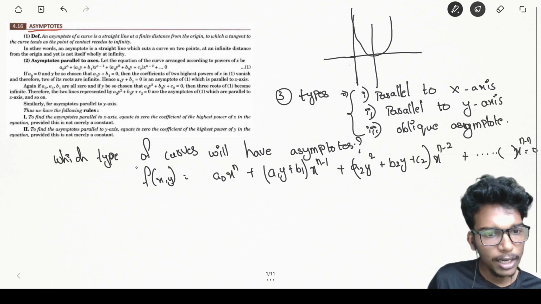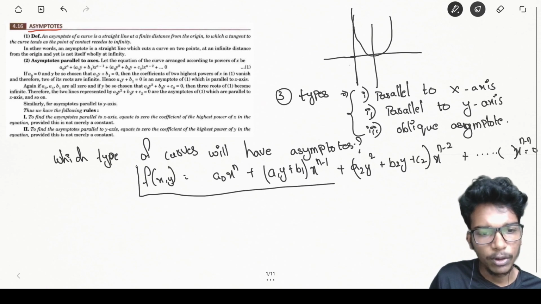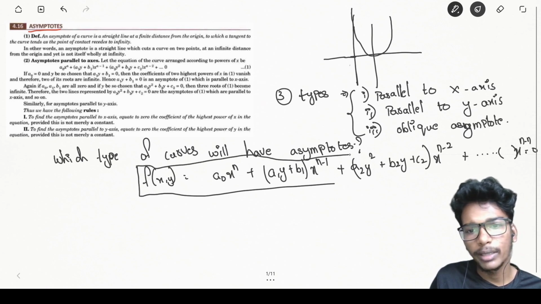To check whether the curve has asymptotes or not, the curve must be of this form. Then only it's going to have asymptotes.